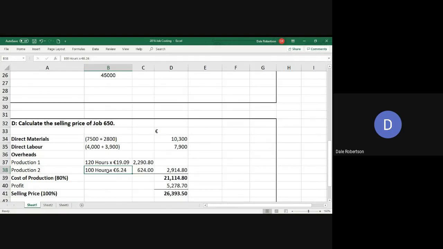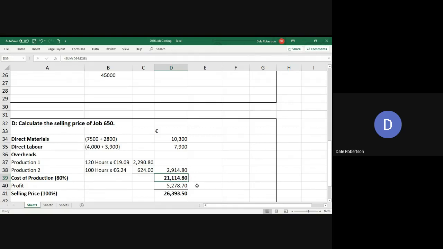And that's 100 by €6.24, which is 624. Your total overheads are the 2 added together, and then you add up all 3 of these to get your total cost of production.